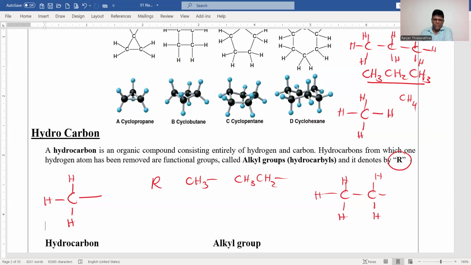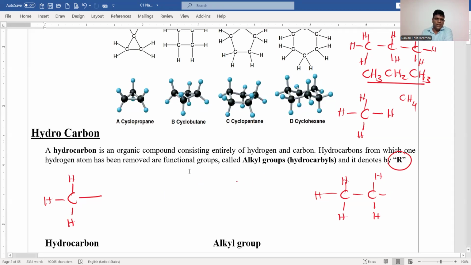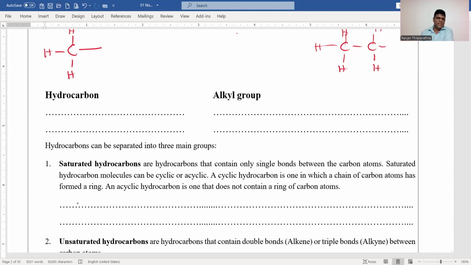No matter from where you remove it, the remaining part is known as an alkyl group. If the hydrocarbon is CH4, the alkyl group is CH3. If the hydrocarbon is CH3CH3, then the alkyl group will be CH3CH2.